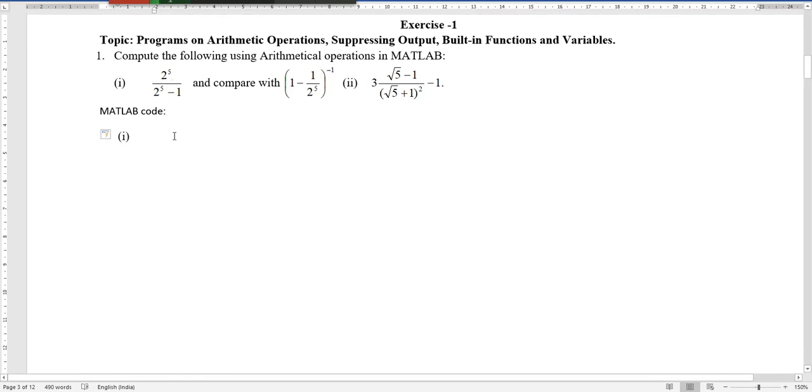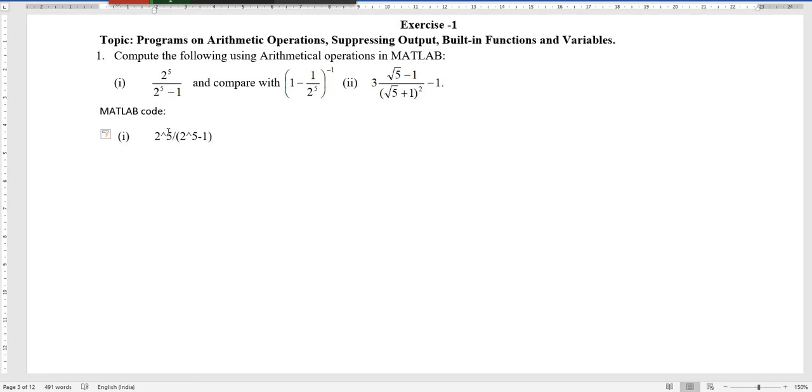2 power 5. How to calculate the value? Just compute the value using mathematical operators. First is 2 power, which is nothing but caret 5, then the divide symbol, then for the denominator an opening bracket, 2 caret 5 minus 1, then closing bracket.